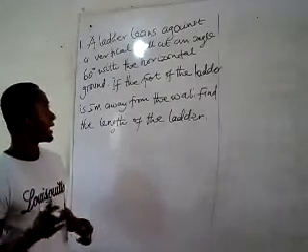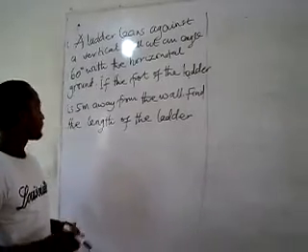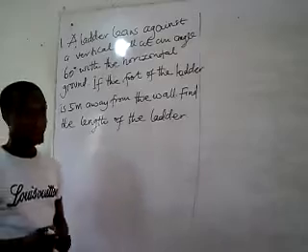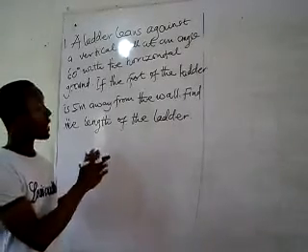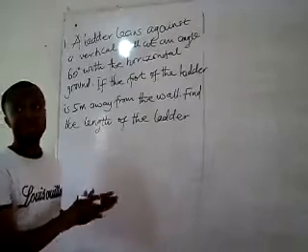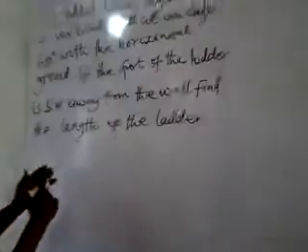If the foot of the ladder is 5 meters away from the wall, find the length of the ladder. Now in such questions, the diagram is not always given. You have to read to understand and draw the diagram yourself. So you read again and then draw the diagram.